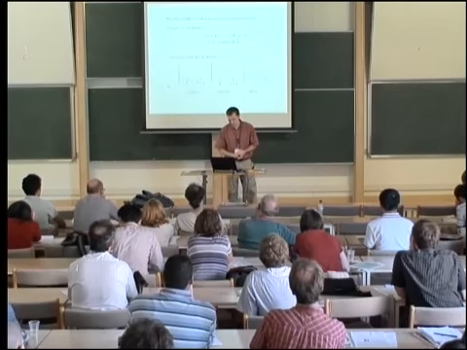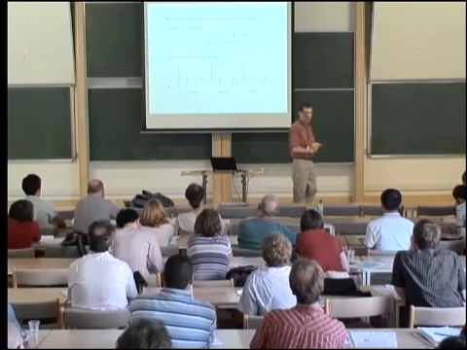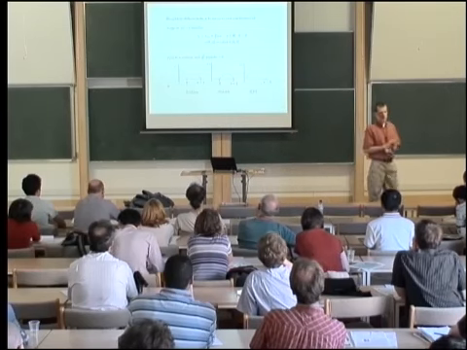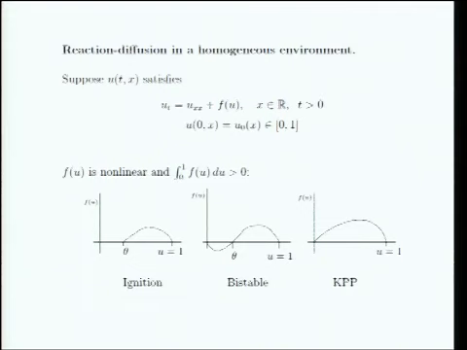Let me first remind you of some basic properties of this sort of equation when the environment is homogeneous. Okay? And so here's a simple reaction-diffusion equation. And I'll say this is the case with a homogeneous environment, meaning that the nonlinear term doesn't depend upon the spatial variable x. Of course, the behavior of the solution depends a lot on the type of nonlinearity that you choose.